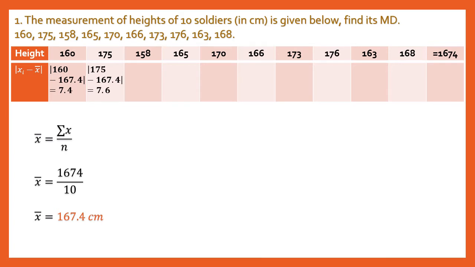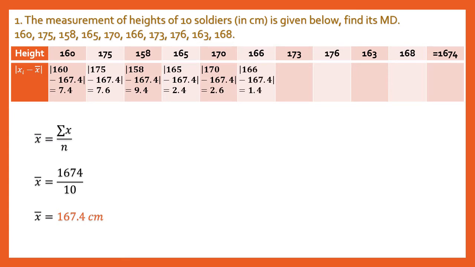This is already a positive answer, so I will keep it as a positive. In short, my answers will all be positive, irrespective of whether it's a positive or a negative answer. 158 minus 167.4 will be 9.4. 165 minus 167.4 will be 2.4. 170 minus 167.4 will be 2.6. All of these are absolute values.